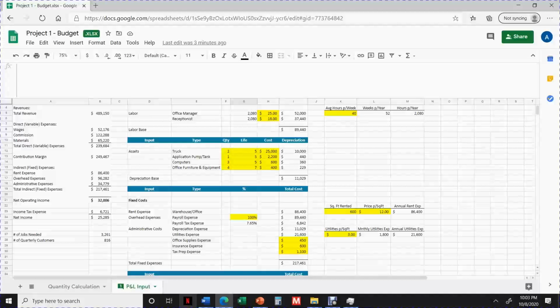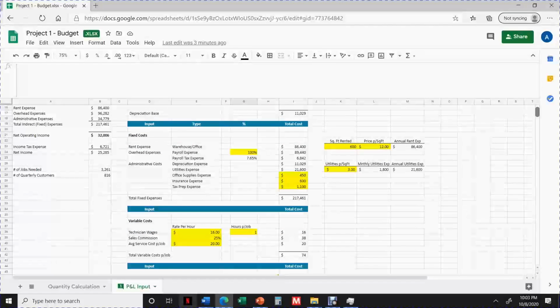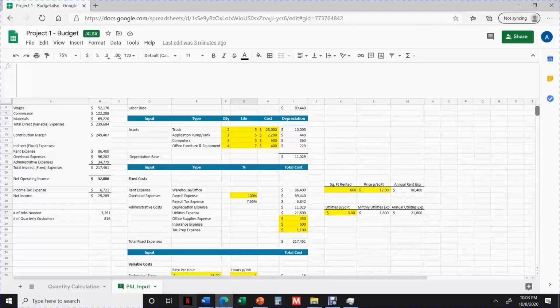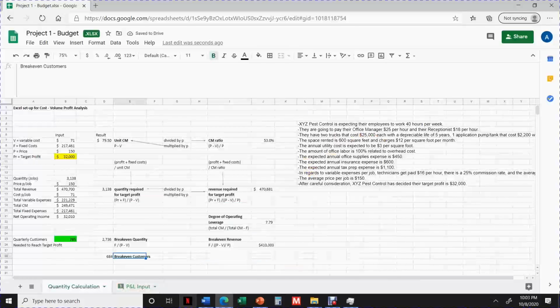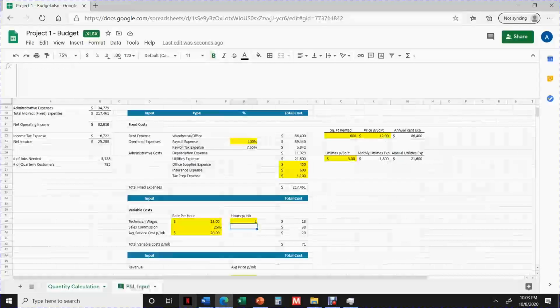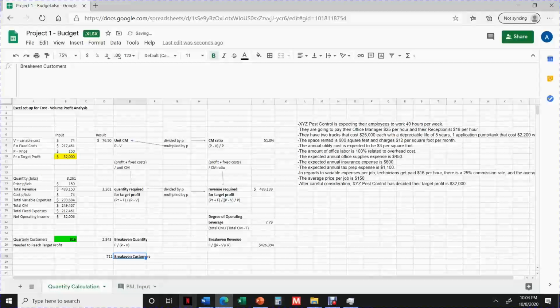So maybe after taking this into consideration, we try to switch some variable cost or fixed cost. See, what would that change? If we pay the technicians $13 instead of $16, the unit CM would go up. So let's change it back to 16. All right, stayed the same.